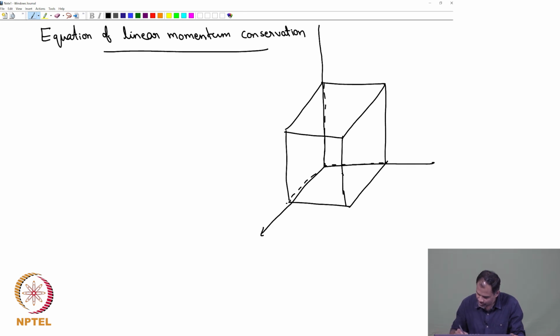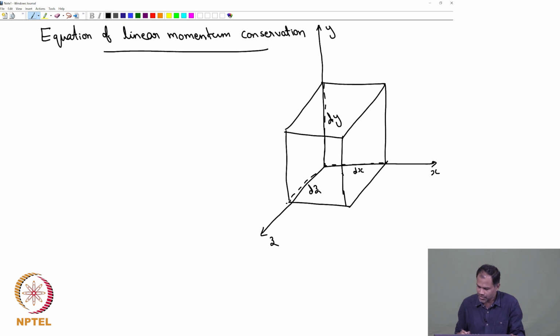So, that is the coordinate system, and we will choose x, y and z. So, this length is dx, that length is dy, and this length is dz.